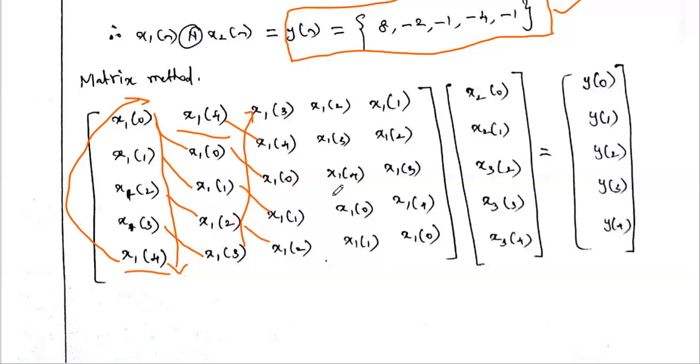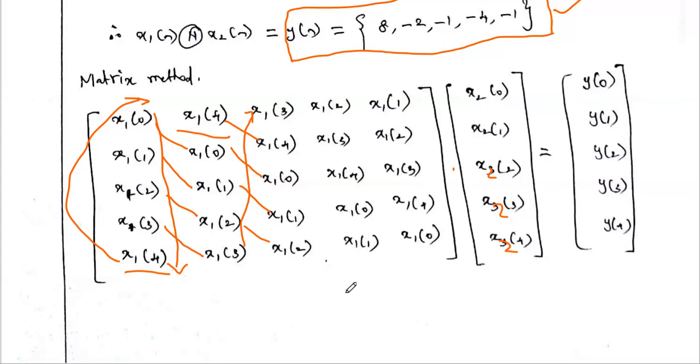Similarly, if the sequence has 5 samples, we will get a 5 cross 5 matrix, with 5 rows and 5 columns. This matrix is called the x1 matrix. It is multiplied with the x2 matrix, which has 5 rows and only 1 column: x2 of 0, x2 of 1, x2 of 2, x2 of 3 and x2 of 4, written in a single column.